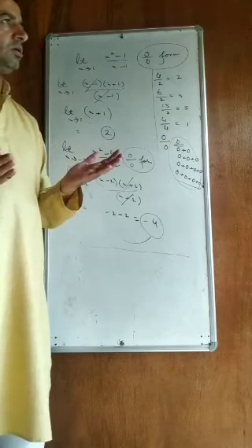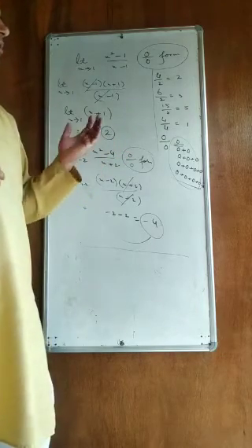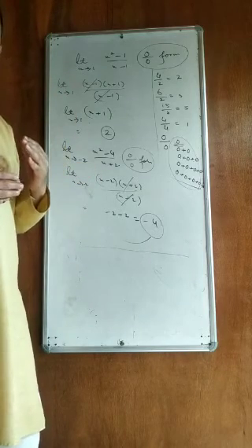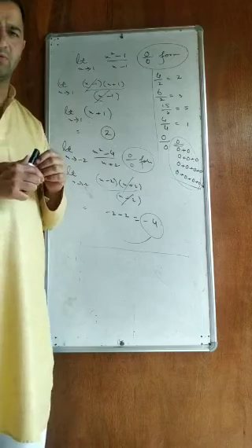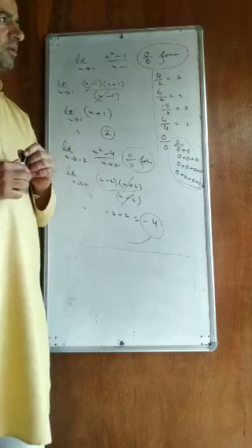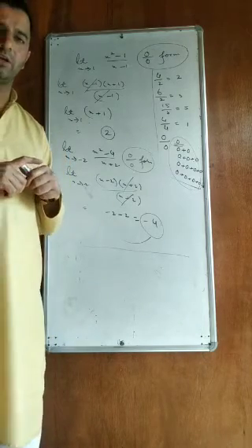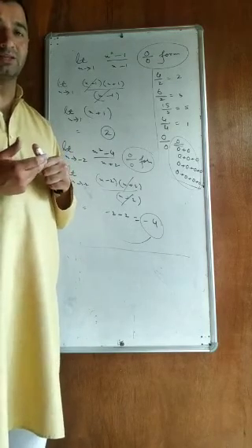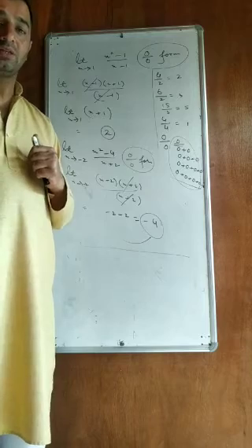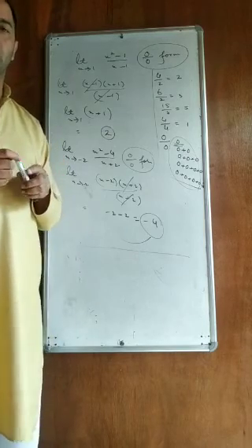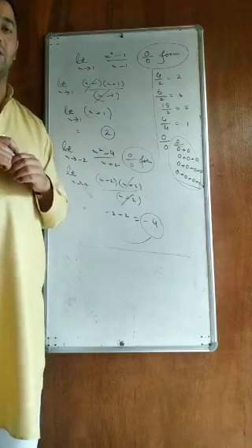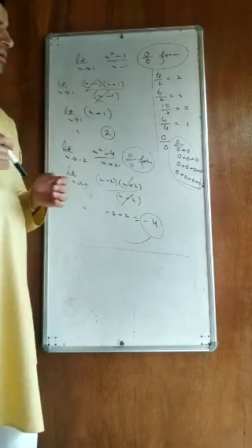We simply learn how we can find the rate of change of a function with respect to another value. Suppose you have y equal to f of x, a real-valued function. How can you find the rate of change of y with respect to x? When this rate is instantaneous, meaning the instantaneous rate of change of y with respect to x, that is the derivative. So this is the introduction of calculus.